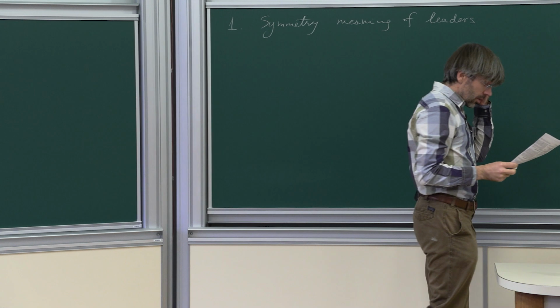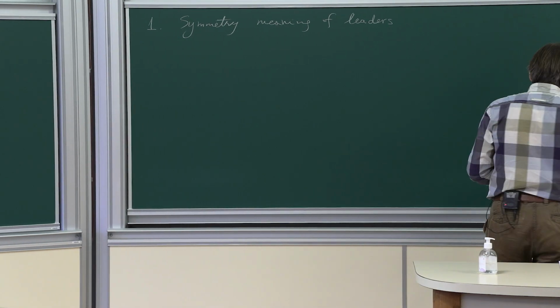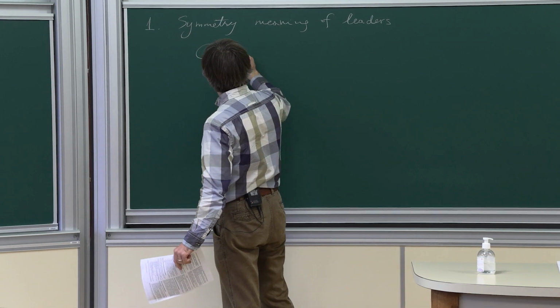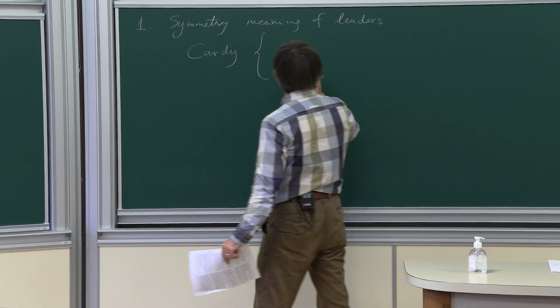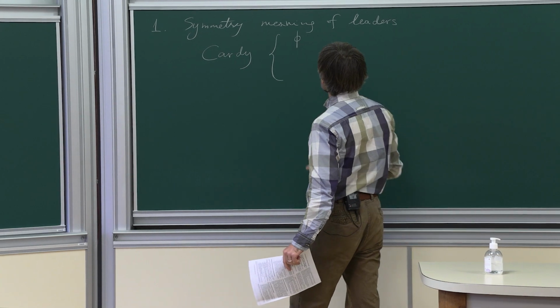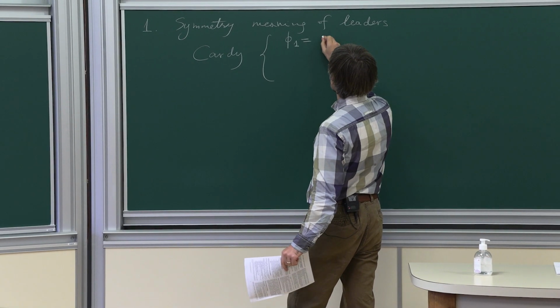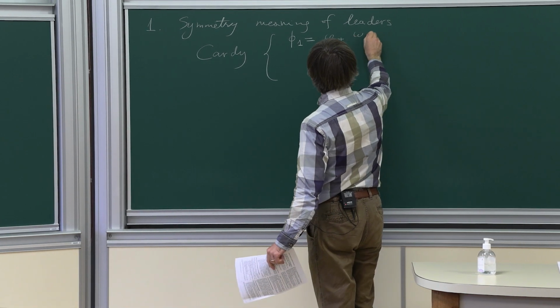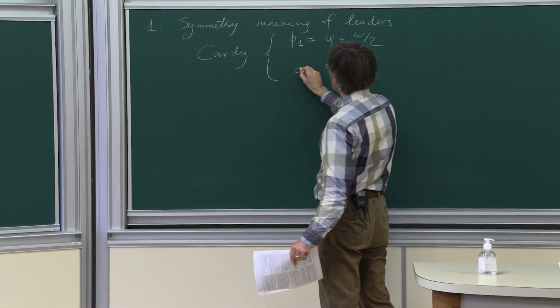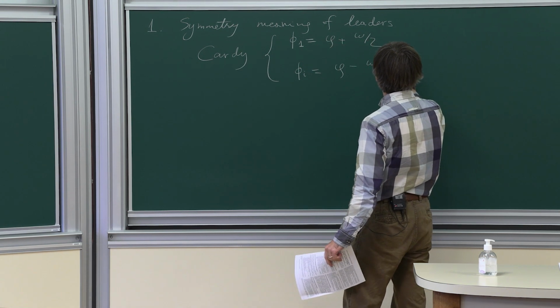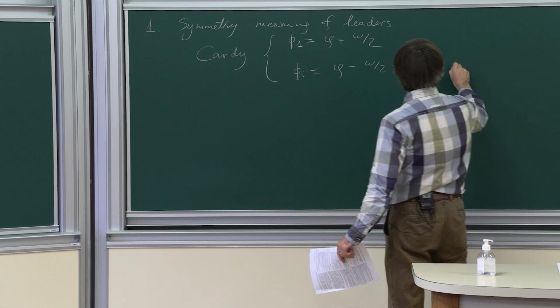So recall that our logic was that I introduced this Cardy field transformation, which takes the n fields in the replicated basis and makes a linear transform. Phi 1 is curly phi plus omega over 2, and then the other phi i's are phi minus omega over 2 plus chi I for I from 2 to n.